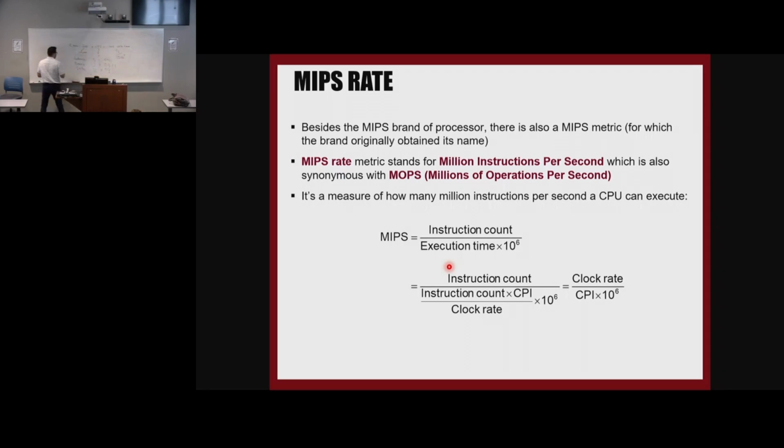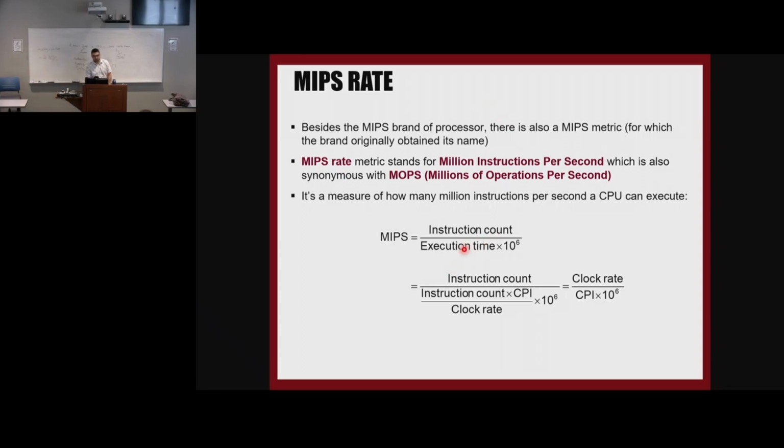If you want to make sense of it, we can have 20 million instructions per second, or 2 million instructions per second. So I divide this by a million to get MIPS, right? And that's what we're doing here.